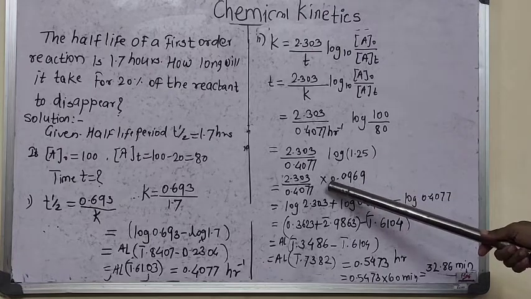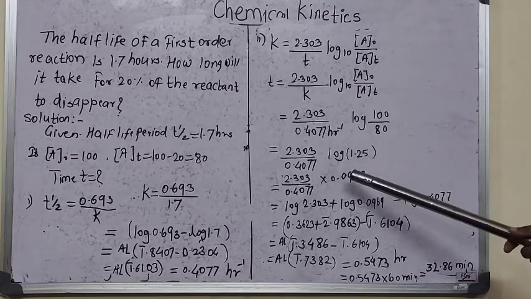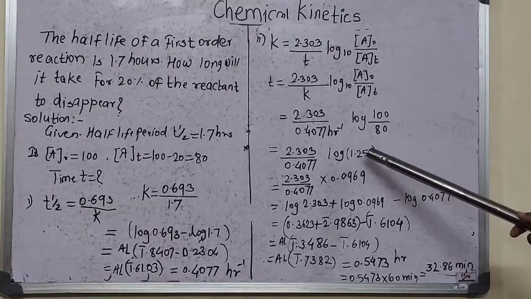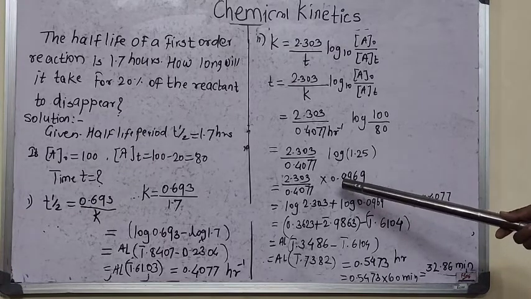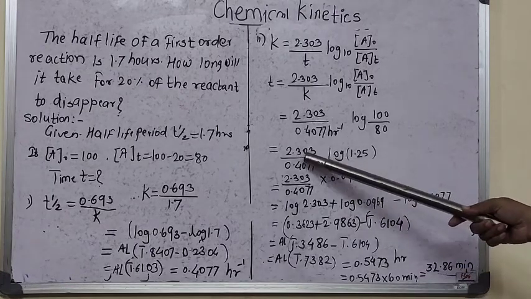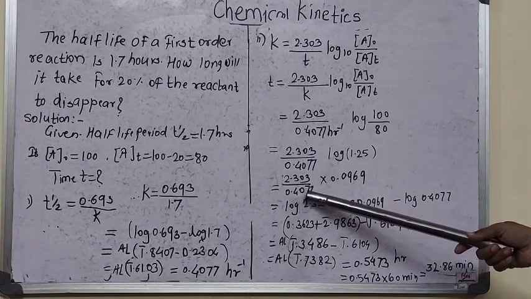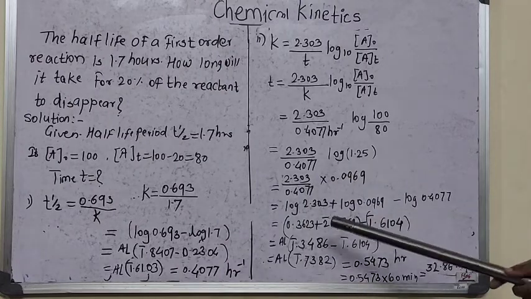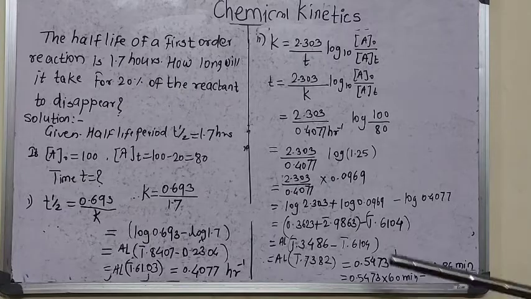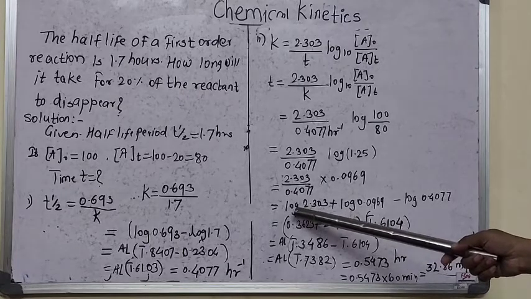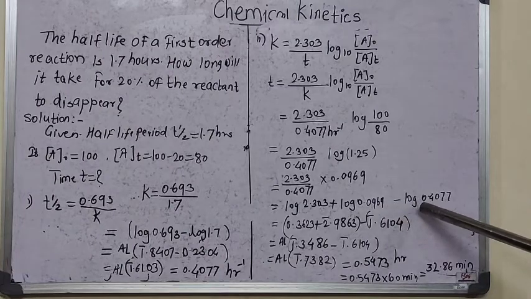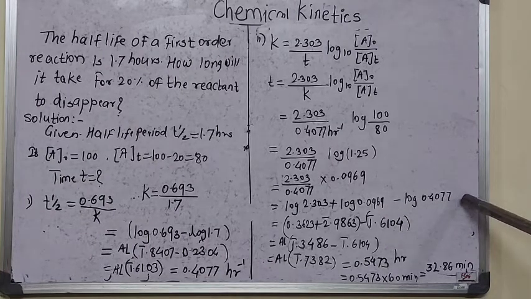The log of 1.25, the characteristic is 0, and then 0.0969. And here 2.303 upon 0.4077 is multiplied to this. Again this multiplication we solve using the log table: log of 2.303 plus log of 0.0969 minus log of 0.4077.